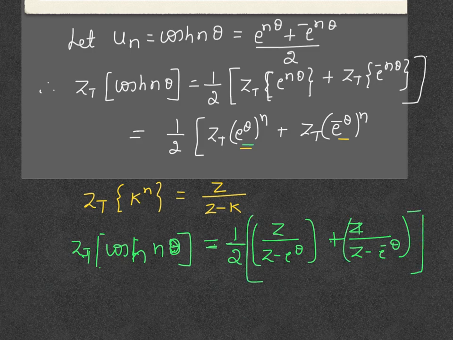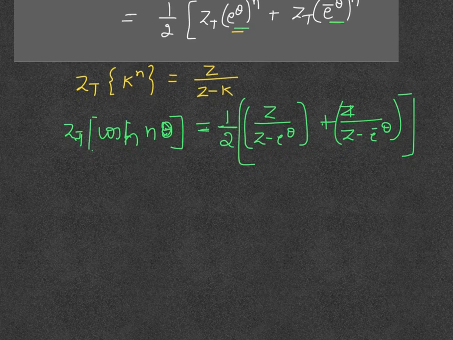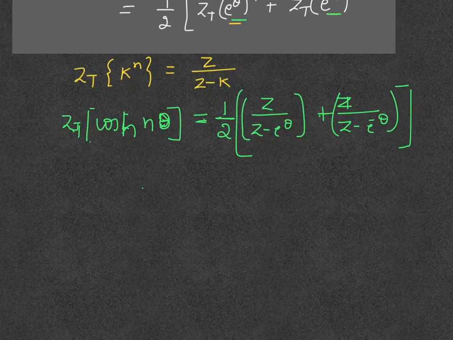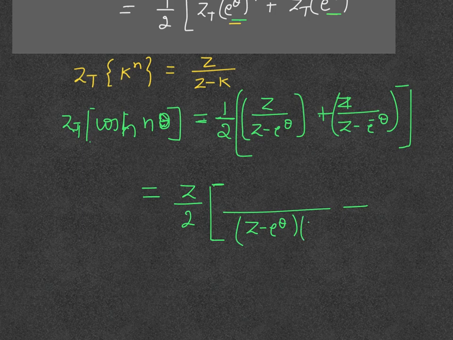So applying the k power n form to both, we get z common out, let us take out z by 2, and we take the LCM, z minus e power theta and z minus e power minus theta, and here we get z minus e power minus theta plus z minus e power theta.